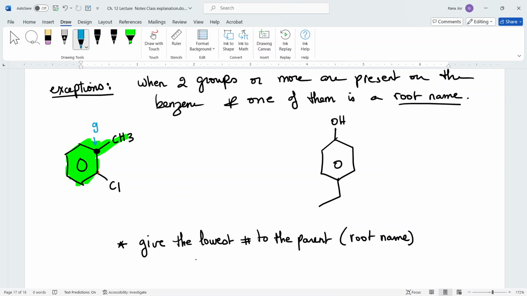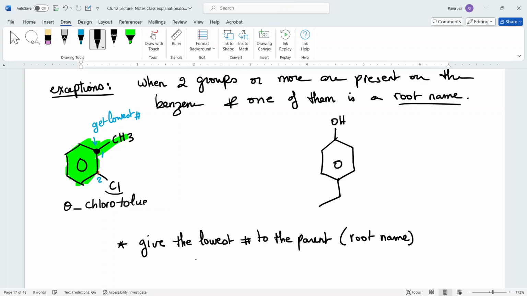So this carbon is going to get the lowest number, which means that I need to start from it. And then the second substituent gets the lowest number. So I have 1, 2 in there. I know that 1, 2 is ortho, so I'm just going to put O in there. I'm going to name the chlorine, which is the chloro. And then I'm going to name the common root, which is toluene.